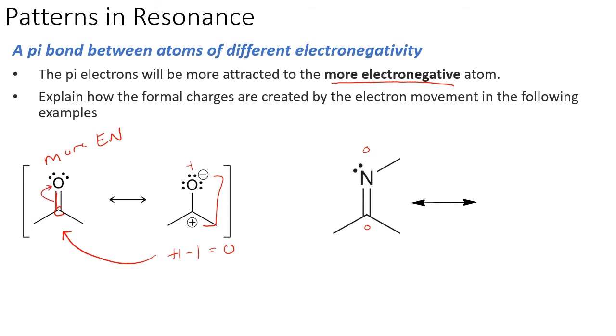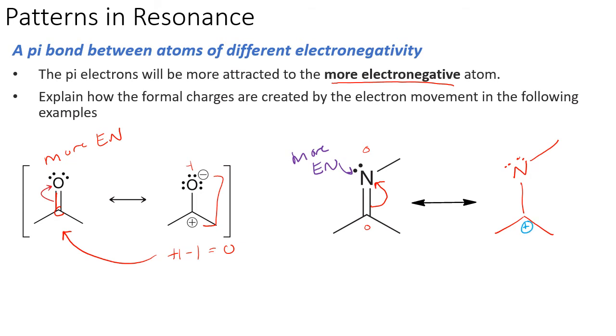Nitrogen is more electronegative than carbon, so when we move the electrons, we're going to move them towards the nitrogen. So we'll take our pi electrons, push them up towards the nitrogen, and that would leave us with a single bond in between that carbon and that nitrogen. Our nitrogen will now have 2 lone pairs of electrons on it, and our carbon will be a carbocation with a positive charge.